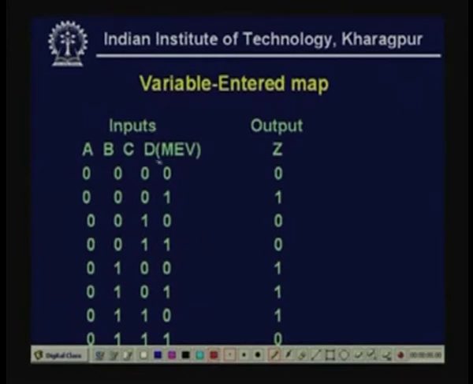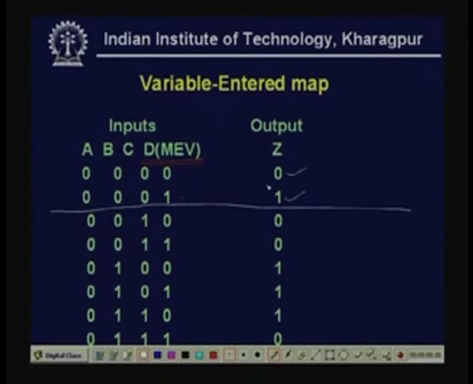Actually we should draw a line here. Say ABC is 0 0 0, then D can be 0 or 1. If D is 0, Z is 0, and if D is 1, Z is 1.